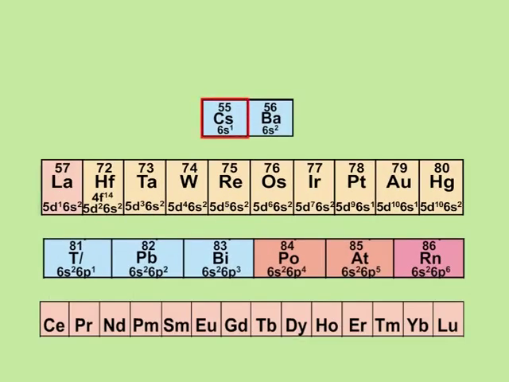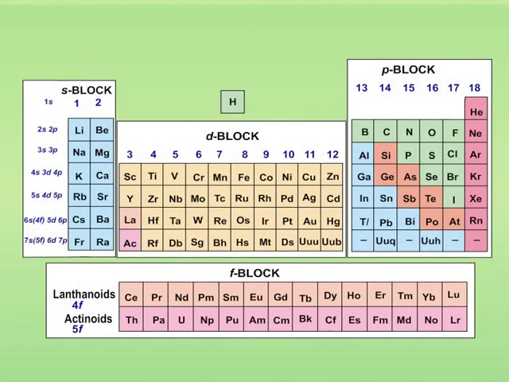It begins with cesium, that is Z equals to 55, in which one electron enters the 6s orbital, and ends up with radon, that is Z equals to 86, in which the filling of 6p orbitals is complete.